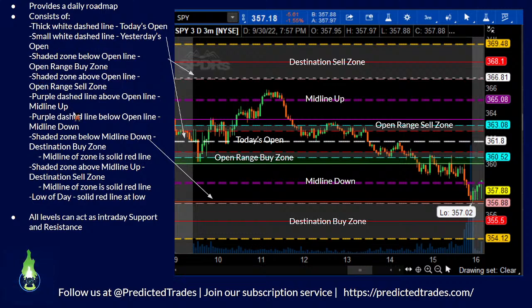So from the slide, I think I've covered everything over here. This is basically just detailing each line and what it means. But just to review, we have our open level on the day. We have an open range buy, an open range sell. At open, the market makers are trying to balance the market.